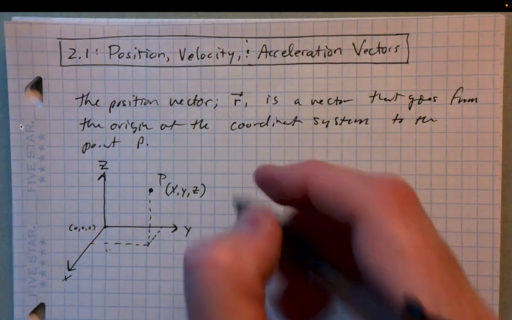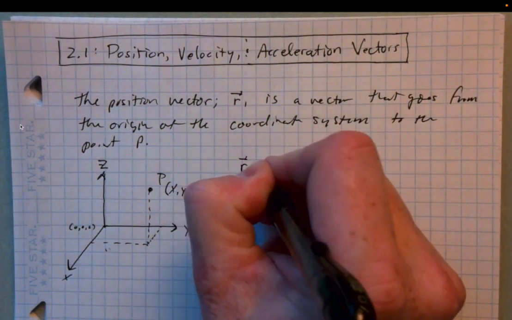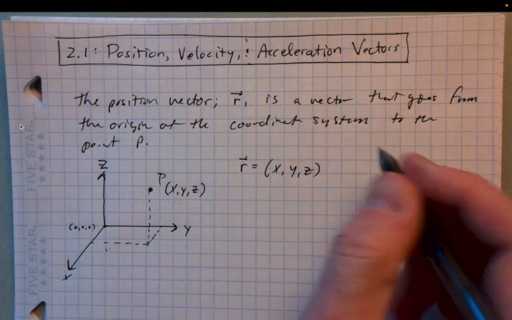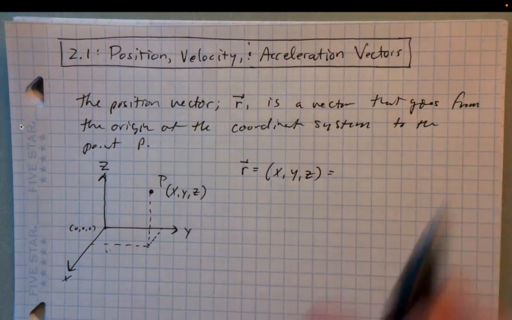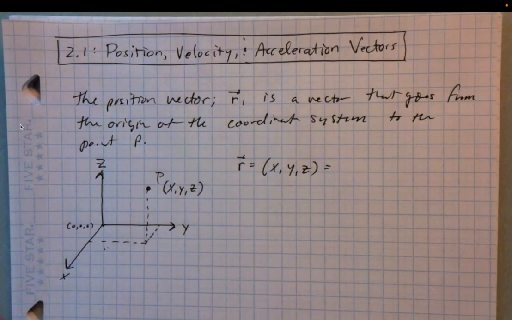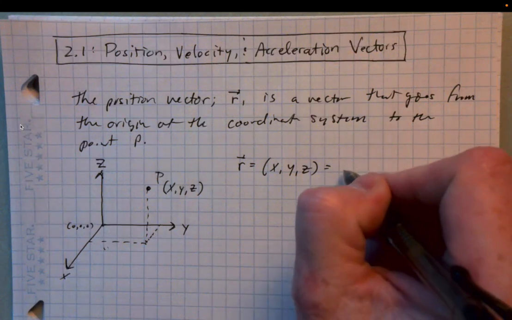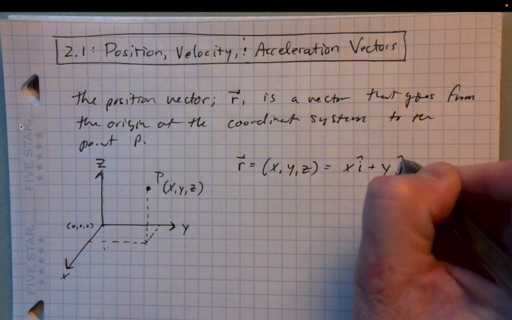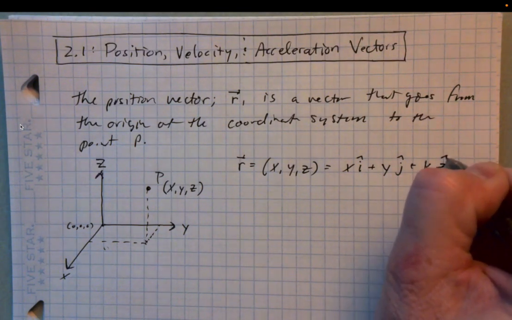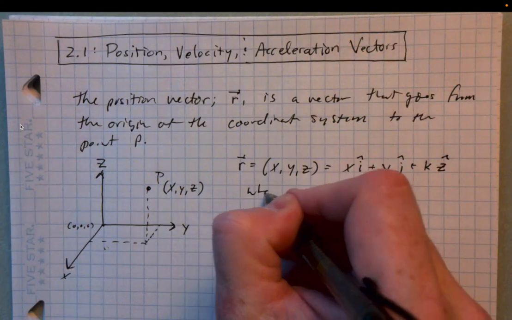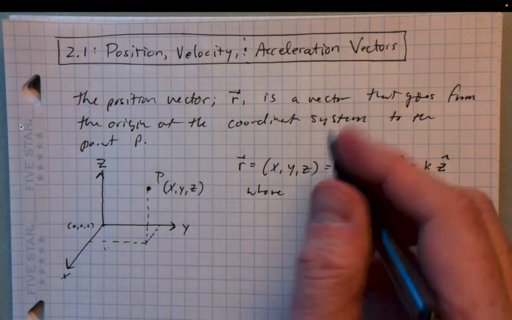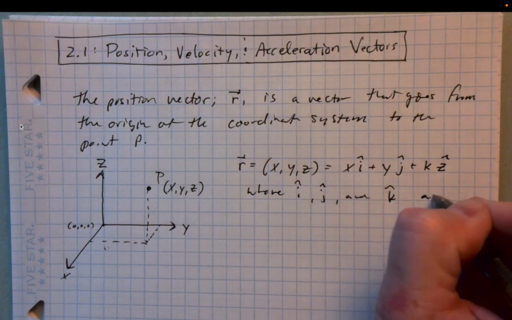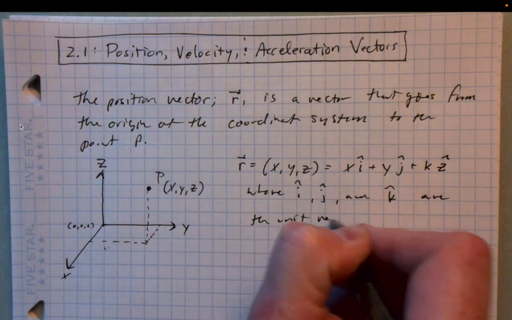Okay, and so we could denote this using the position vector as R equals, and there are different ways to denote it. You could write it like this, X, Y, Z as an ordered triple, or a way that I think is somewhat more common in physics would be using this kind of notation where we say X i hat plus Y j hat plus Z k hat. Here i, j, and k are the unit vectors.